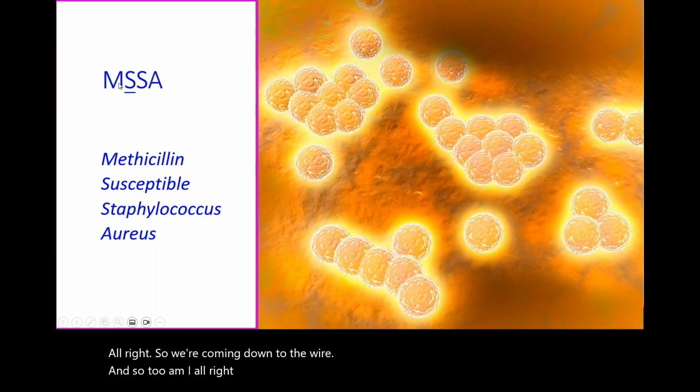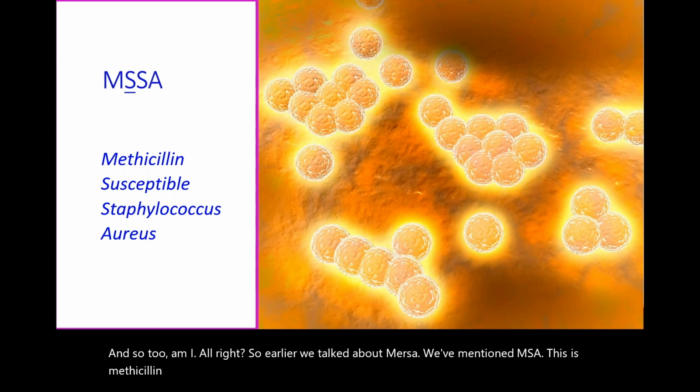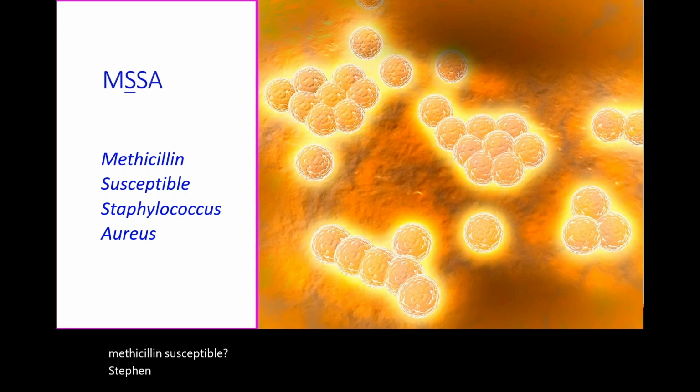All right, so earlier we talked about MRSA. We mentioned MSSA. This is methicillin susceptible Staphylococcus aureus. All right. In other words, MSSA is susceptible to the penicillin or the derivatives of penicillin.